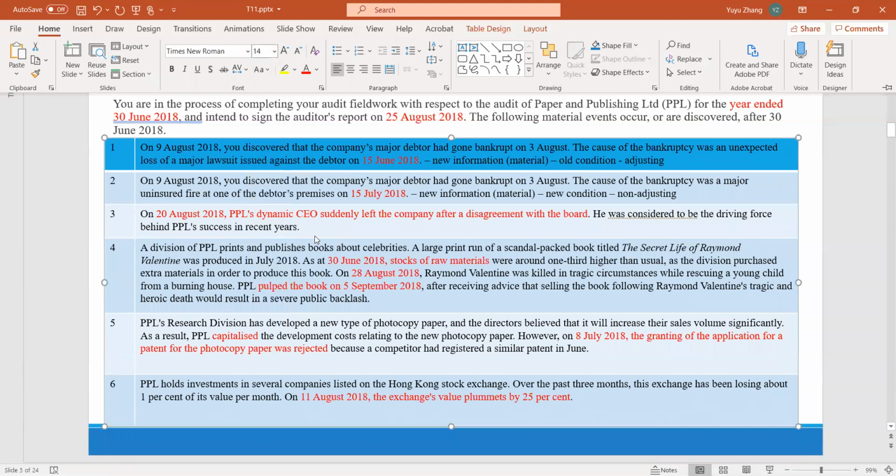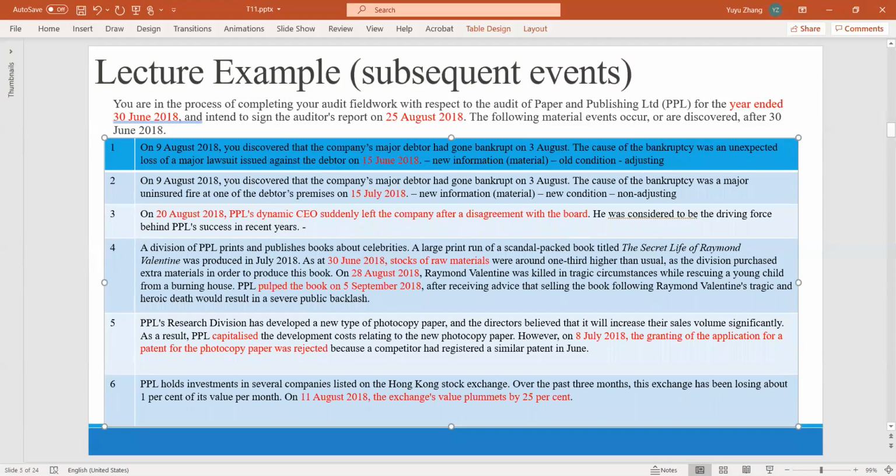Okay. Number 3, 20th of August. The dynamic CEO suddenly left the company after disagreement with the board. He was considered to be the driving force behind the success of the recent years.